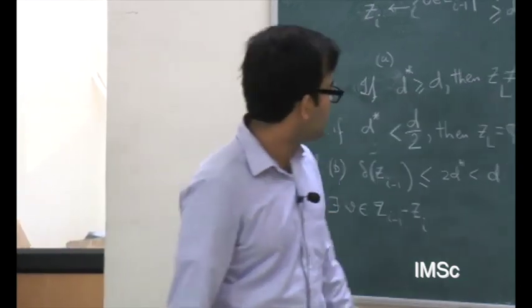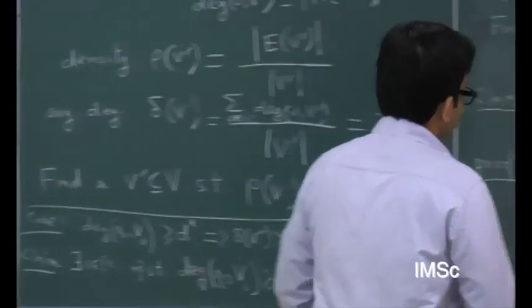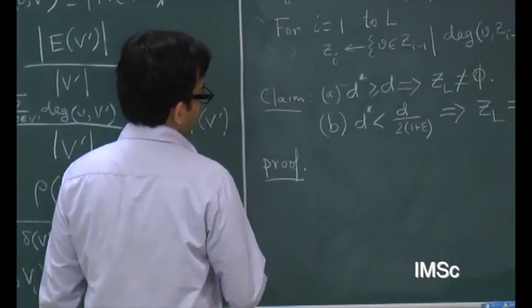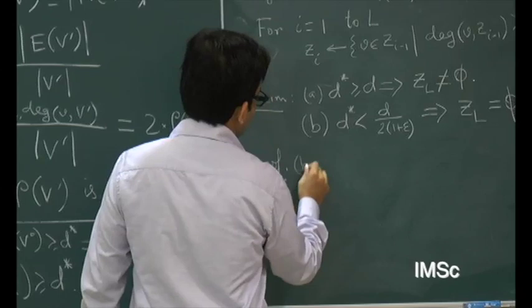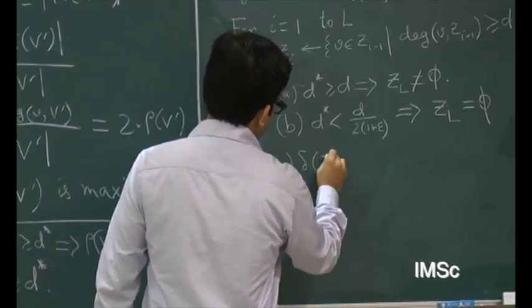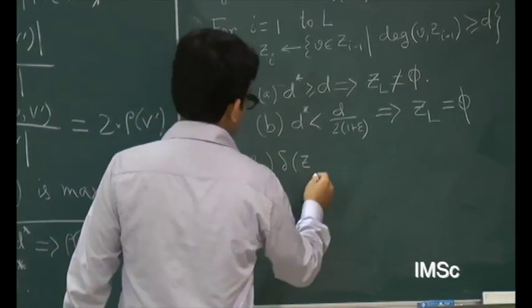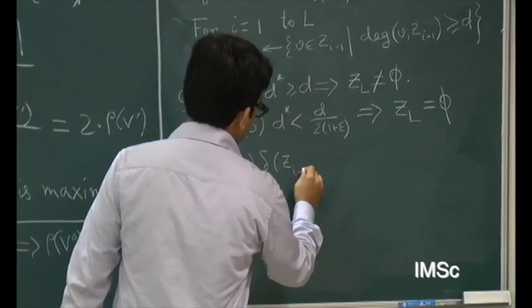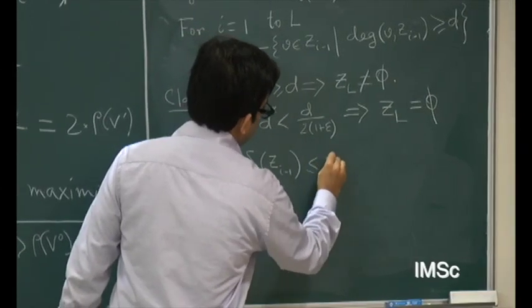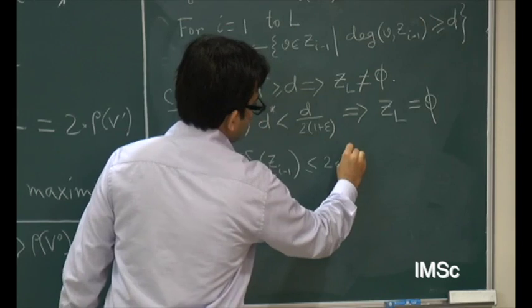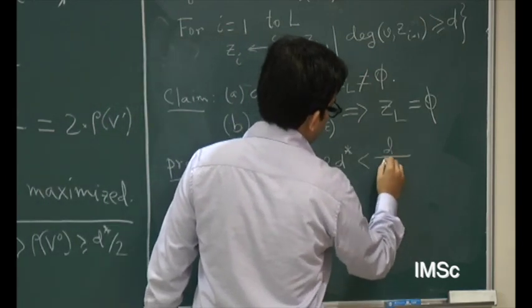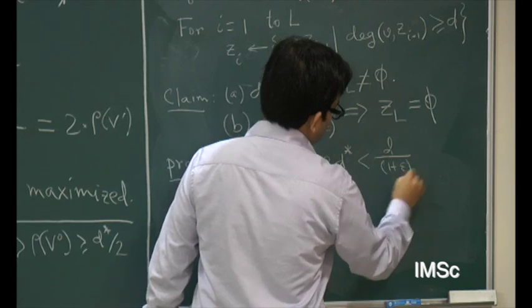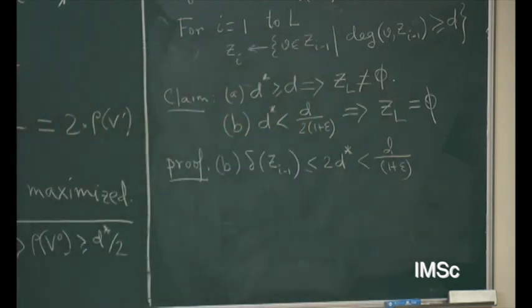Actually, you are on the right track, but it's even simpler than that. The gap is by a factor of 1 over epsilon, right? So we want to prove part B. Do you agree with this step? That delta of Zi minus 1 is less than or equal to 2D star as before, and 2D star is now less than D over 1 plus epsilon, right?